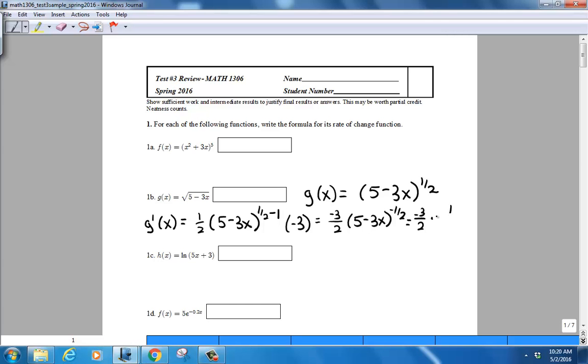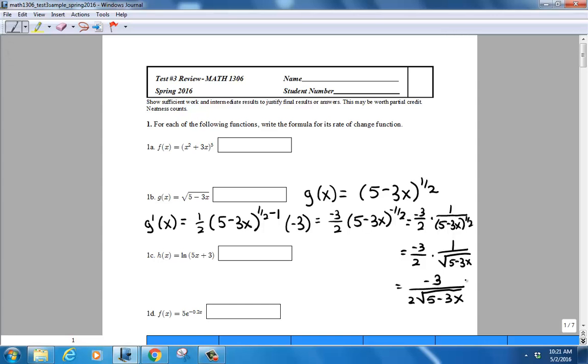So we would have -3/2 times 1 over 5 minus 3x to the positive 1/2 power. And then we can rewrite that positive 1/2 power back as a square root, because we know when we raise a quantity to the 1/2 power, that means we take the square root of it. So ultimately here, you could simplify this down to minus 3 over 2 times the square root of 5 minus 3x. And that's what I've got written on the answer sheet, okay?